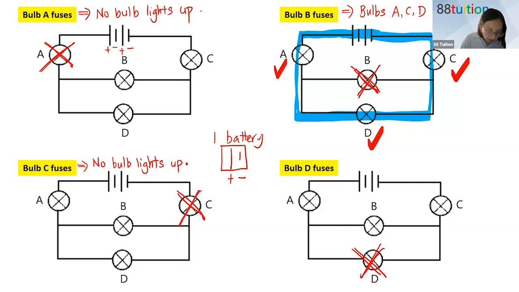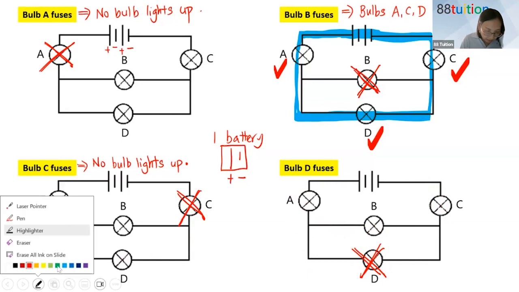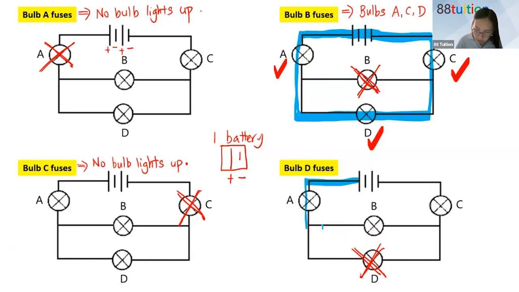All right, so all the bulbs will light up. You can see that there's a closed circuit here. So bulb A, bulb B, bulb C will light up. Now you can go the longer way. If you go the longer way, there is no closed circuit because here D fuses, so you cannot pass through D. Let me highlight. So the closed circuit is this way. Let me write down what the highlighted part in blue means.